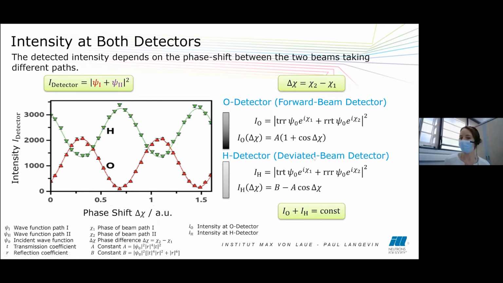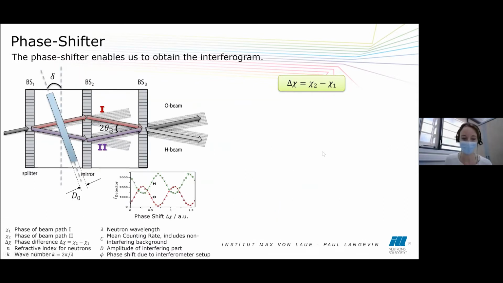So now about the important question, how to vary the phase difference to get these interferograms. Basically, it's quite simple. We just need to place an obstacle for the neutron somewhere in the neutron beam, or, as shown here, in both neutron beams. And this is done by inserting a so-called phase shifter, which is often nothing more than just an aluminium slab.